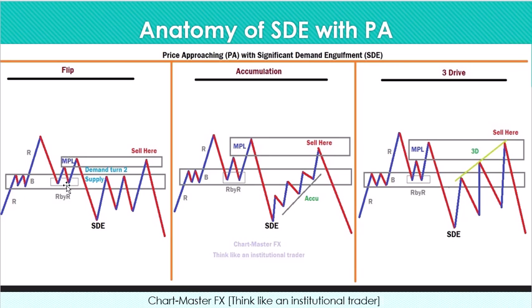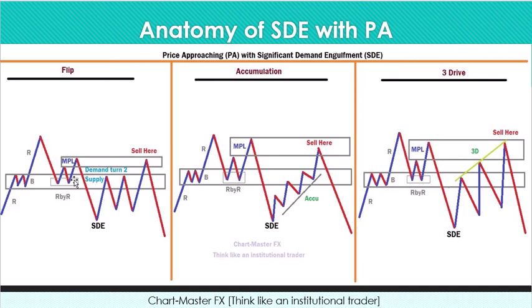It comes back to this base. So we have 1, 2 touches. In order for us to validate that this setup is an SDE, we need to have at least 2 visits to the base. So here we had 1, 2 visits to the base. Once we have 2 visits or more, then we can consider that as an SDE.